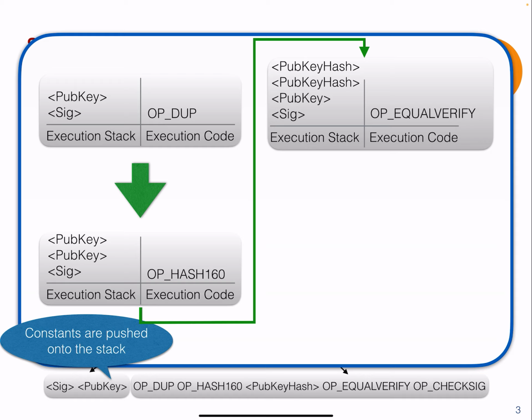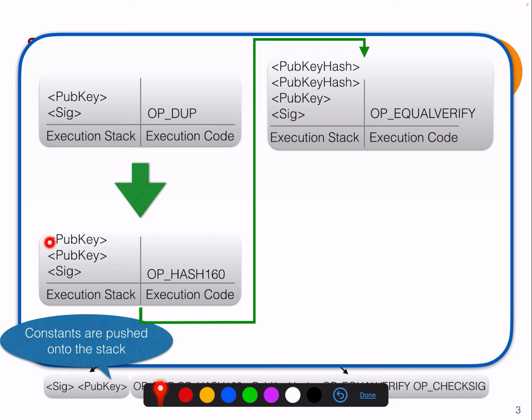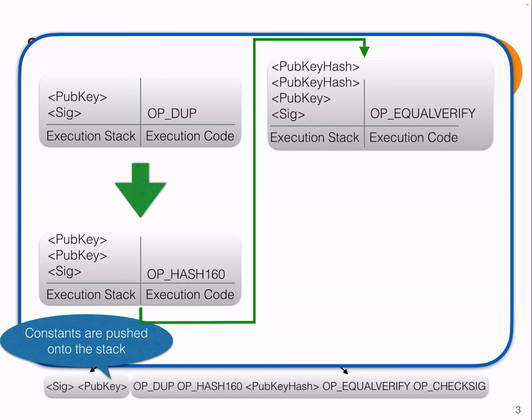So now we have a pubkey hash on top of the pubkey on the stack. We replaced pubkey with the pubkey hash here. Now you might ask, why do we have the pubkey hash twice now? Well, think about it for a while, and we will be discussing it in a few seconds.